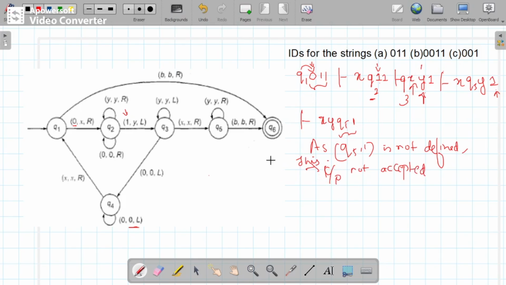Next we'll see for 0 0 1 1. Looking at the string, one thing is clear: this is of the form 0 to the power n and 1 to the power n for n greater than or equal to 0. So let us do the computation. That means let's try to write the ID.